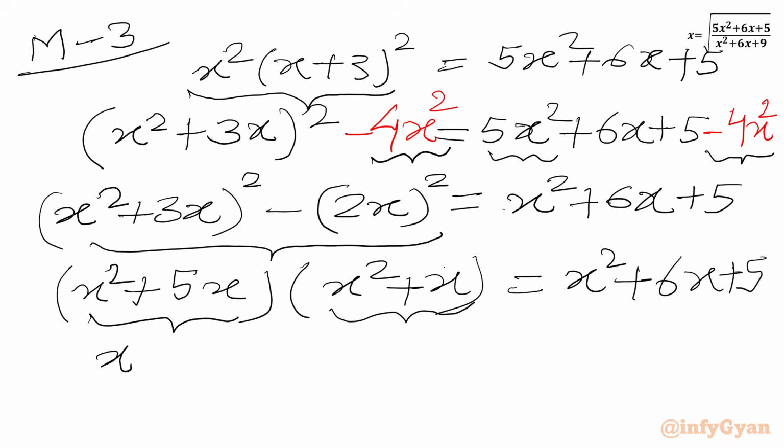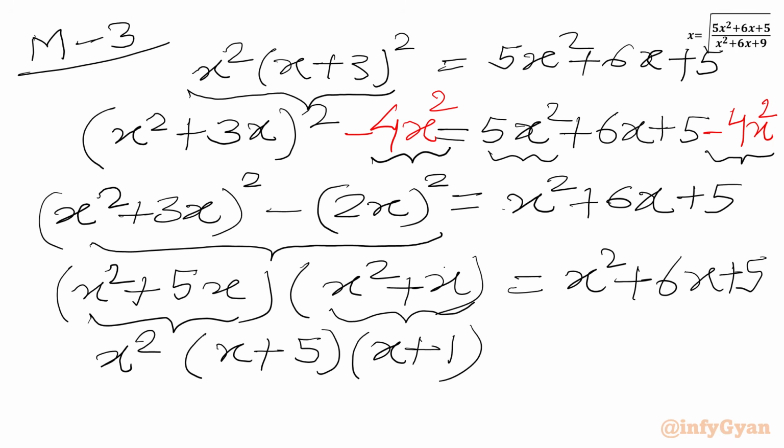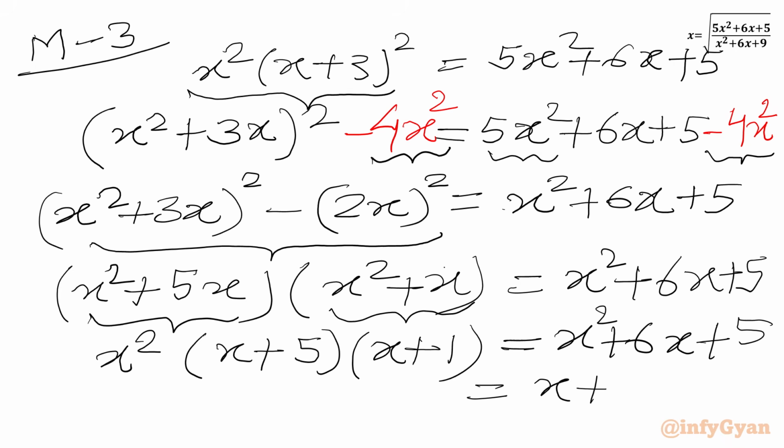So we can write x square, x plus 5, times x plus 1. X common from first bracket, x common from second bracket. Then there will be x plus 5 and x plus 1 respectively. RHS is x square plus 6x plus 5, which we can factor as x plus 1 times x plus 5.